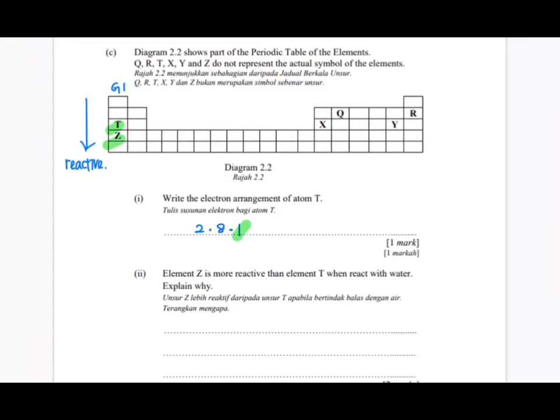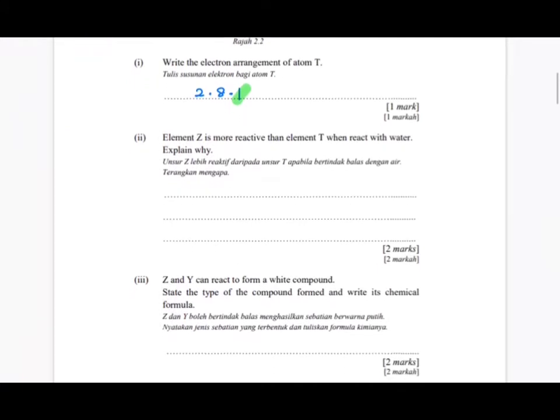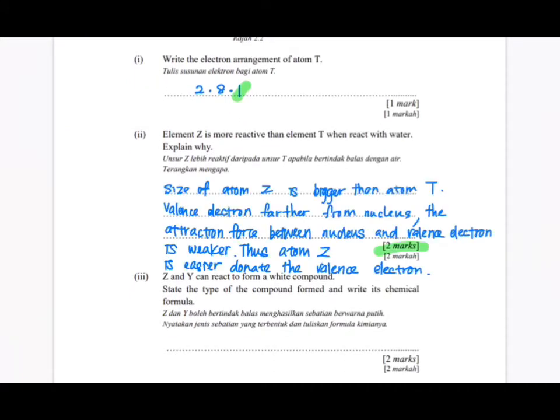So we need to explain for this one. Okay, next, part 3. Z and Y can react to form a white compound.